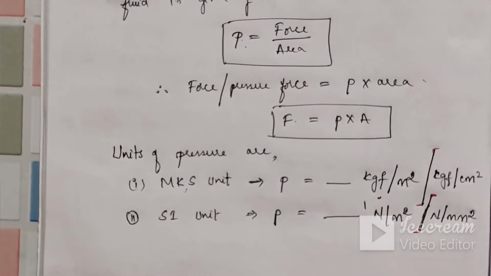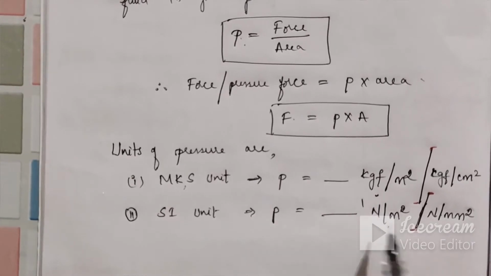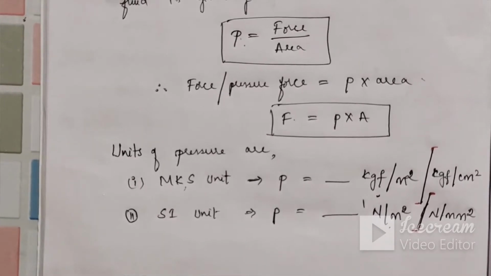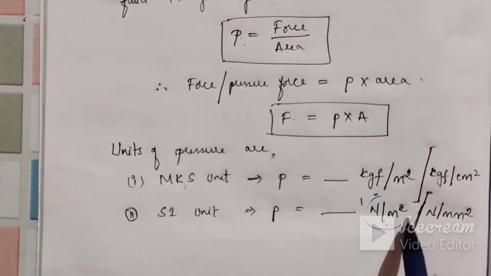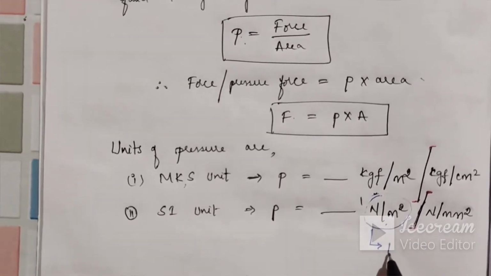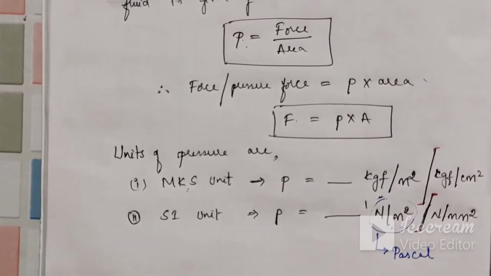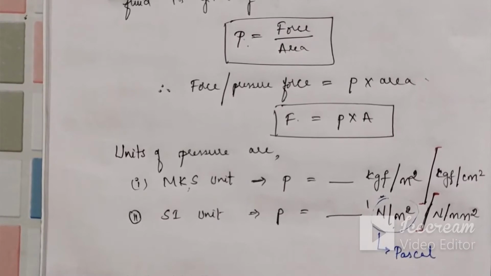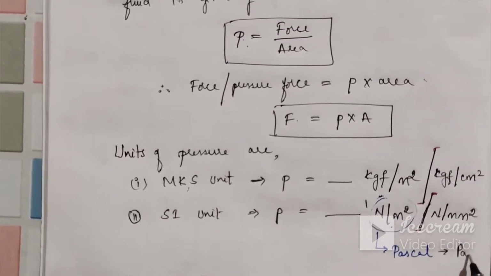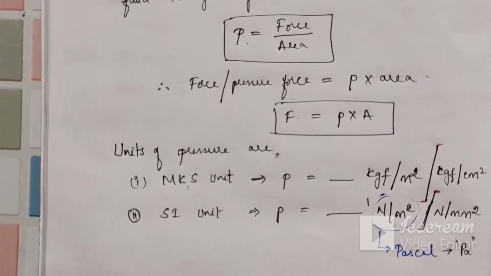This Newton per meter square is also called Pascal. They can give Pascal, or they can tell 1 Pascal, which is 1 Newton per meter square. Its symbol is Pa.